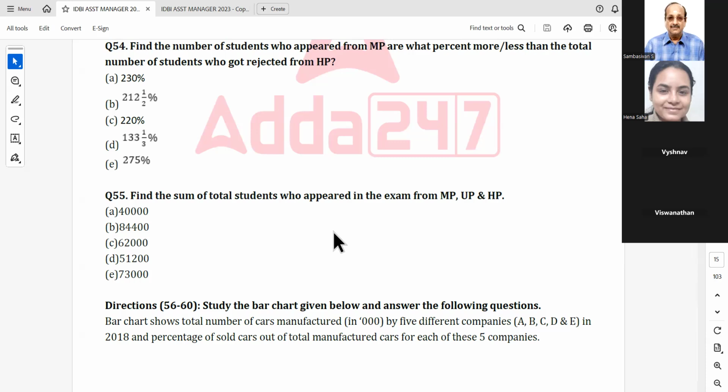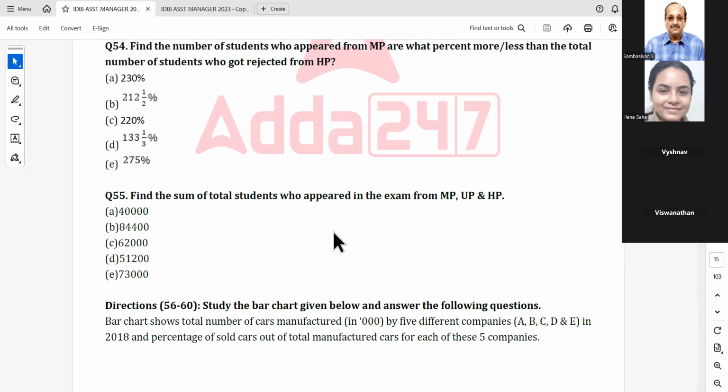How many appeared from Madhya Pradesh? You have the figure with you? You have the figure of people appearing in MP.